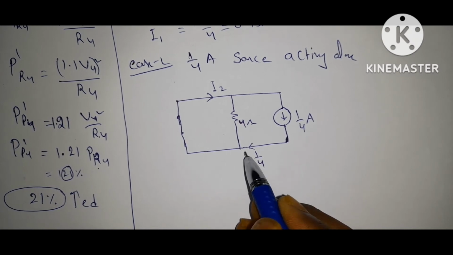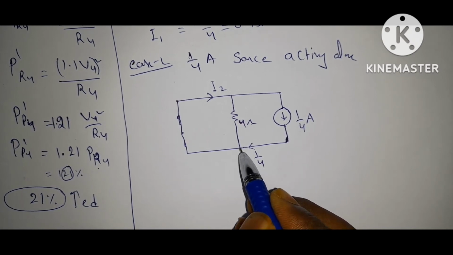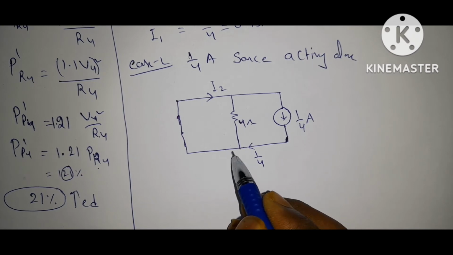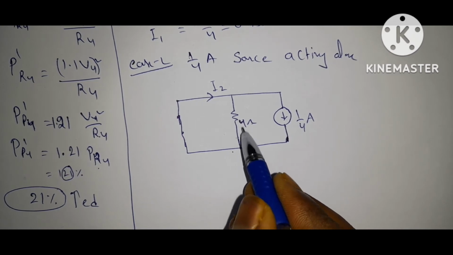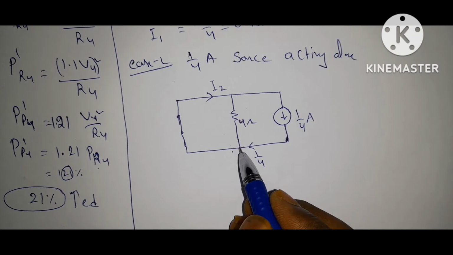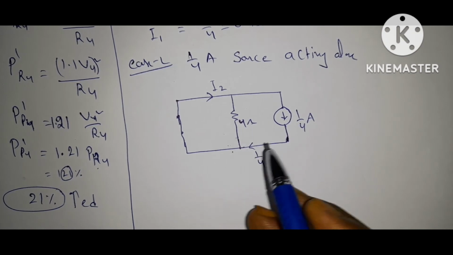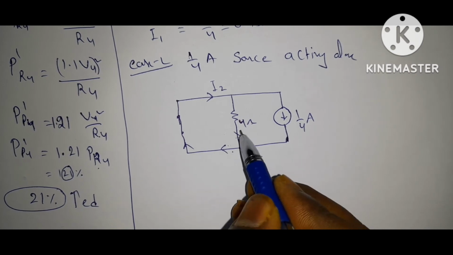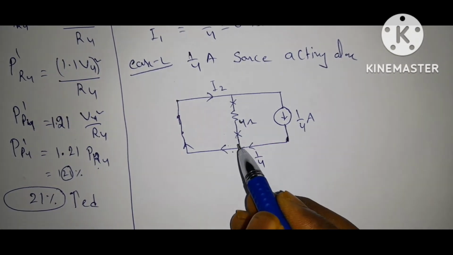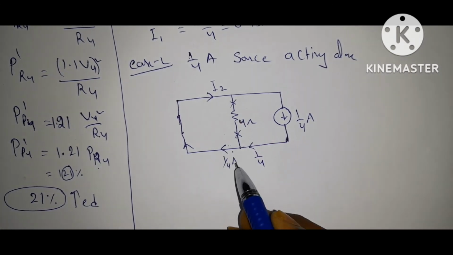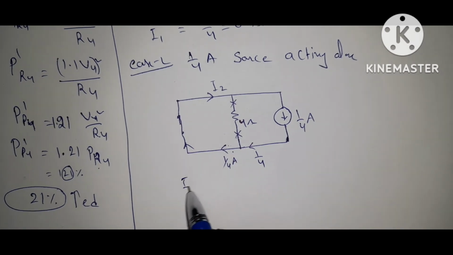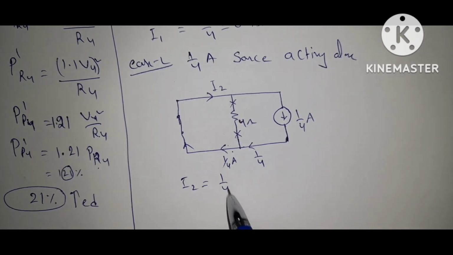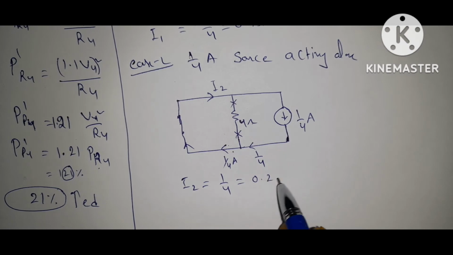Whenever this current reaches this node, there are two paths: one is a short circuit path, another is 4 ohms. The current always flows through the short circuit path only, so current never goes in the 4 ohm path. So this is 1/4 amps. Now what is I2? I2 is equal to 1/4 amps, that is 0.25 amps.